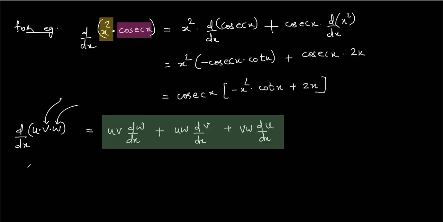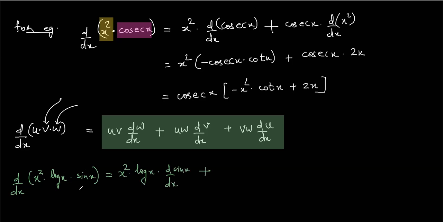You can have an example for this. Suppose I have d by dx of x square into log of x into sine of x. For this, I go from last to first. So I differentiate sine x first. So x square into log x into d by dx of sine x, plus.